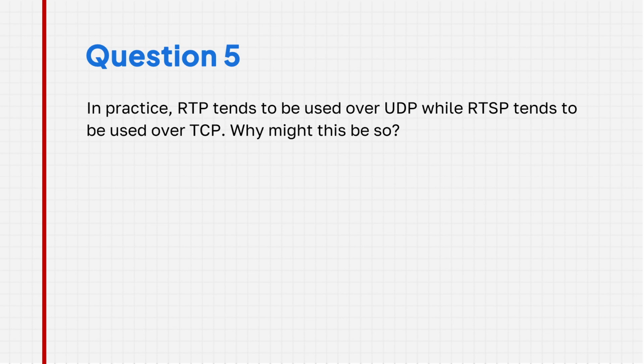Okay, so the question is, why does media flow use UDP, while playback commands use TCP? There's a logical and intuitive reason for this. Why do we want to use UDP for sending the media data? Faster.